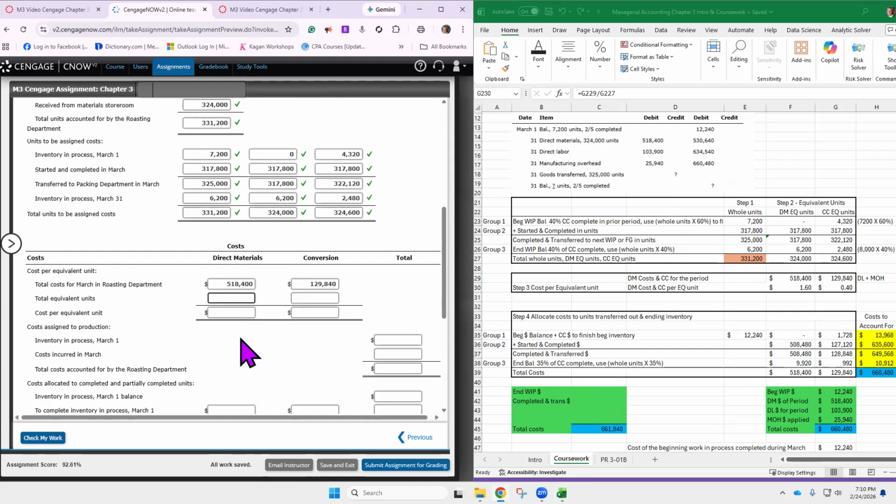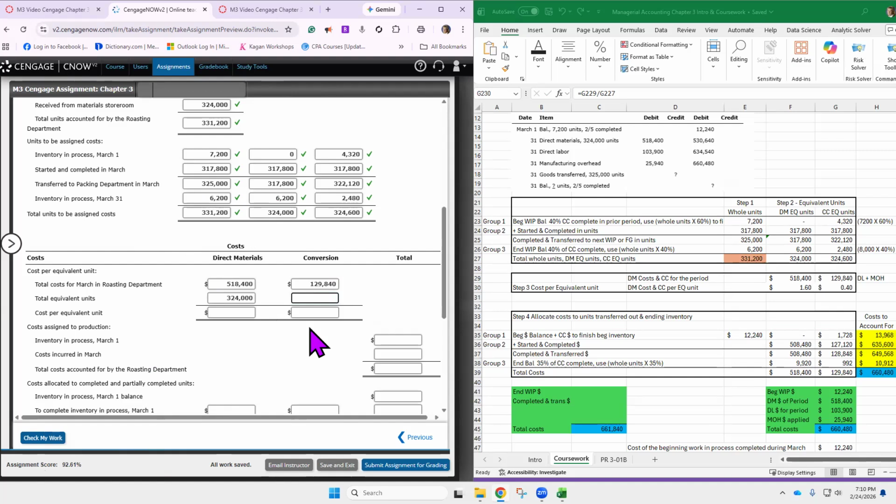Okay, the total of equivalent units. Total equivalent units. Okay, we just found our units to be assigned cost. Let me just make sure this is good, because what we're trying to get to is the cost per equivalent unit. Our total equivalent units is right here, so we're going to fill that in.